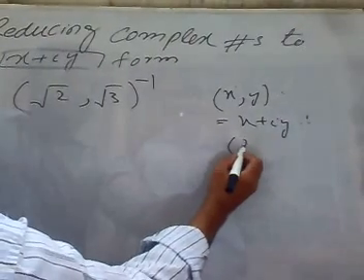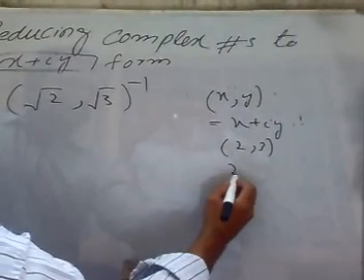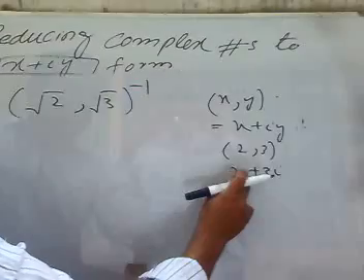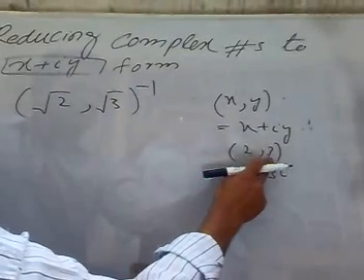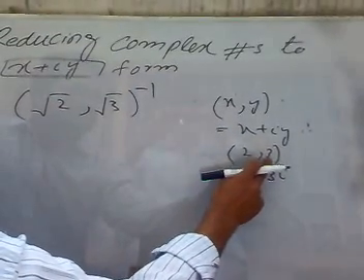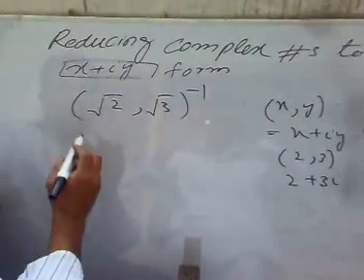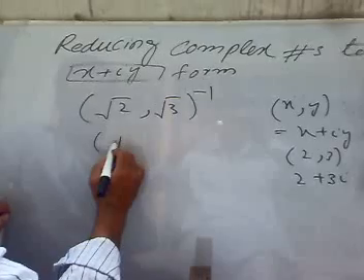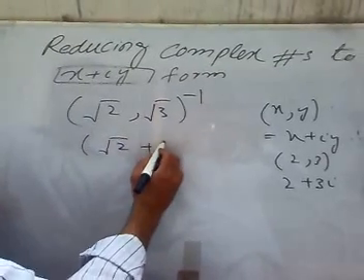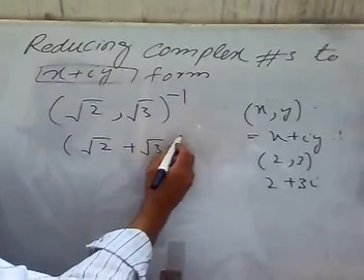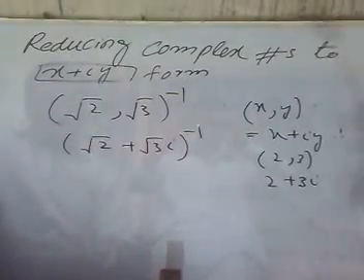Suppose I have (2, 3), that will be written 2 plus 3 iota. We will just remove this comma, and with the second part, the imaginary part, we will put iota in place. So here we will get (under root 2 plus under root 3 iota) whole power minus 1.